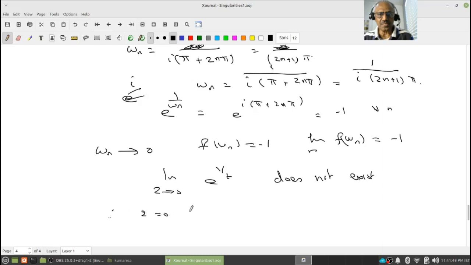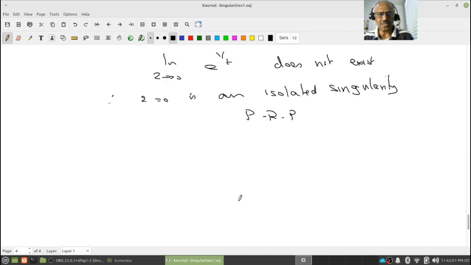Therefore z equal to 0 is an essential isolated singularity. Now before we go further, before we prove results about today's lecture, hopefully I will concentrate on removable singularity and prove one of the most important results about removable singularity.